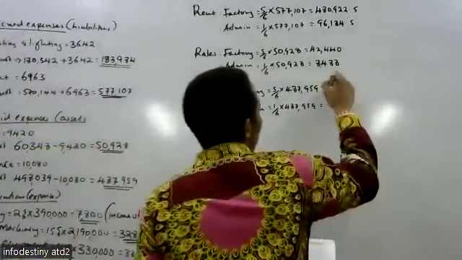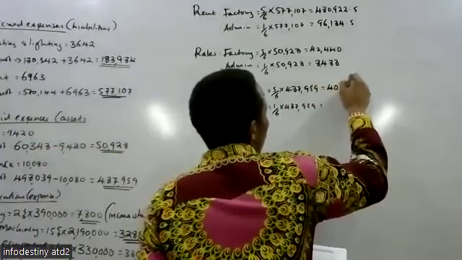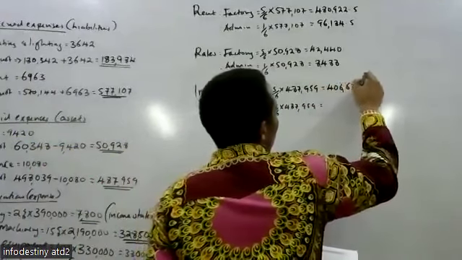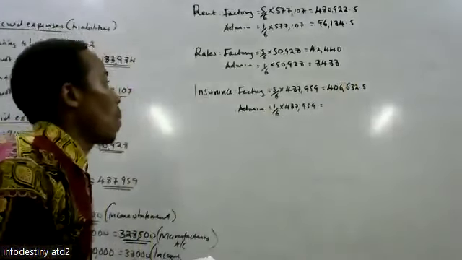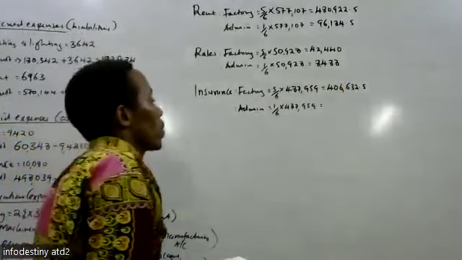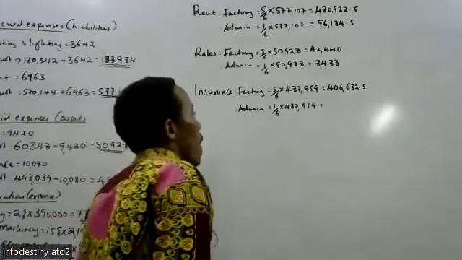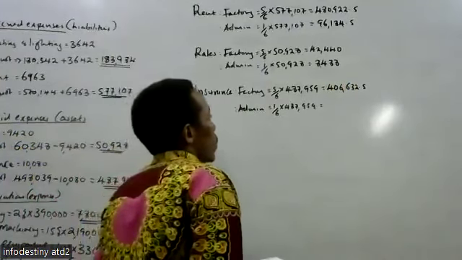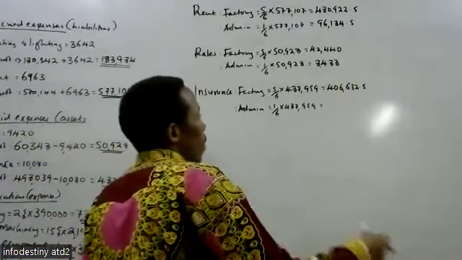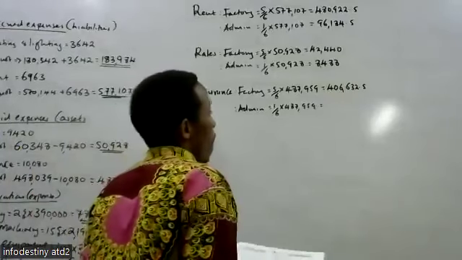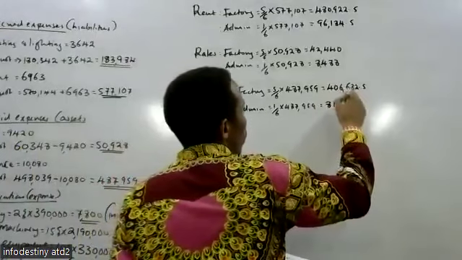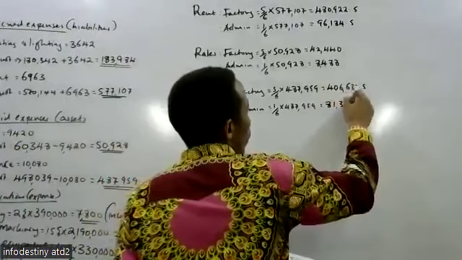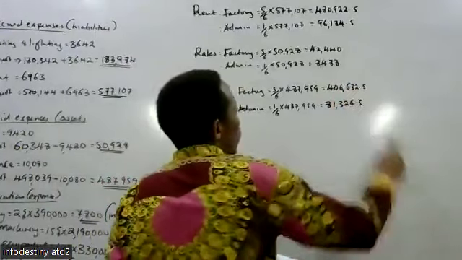First one is 4/6, that's 2.5. So the one that goes to admin will be how much? 81,326.5.